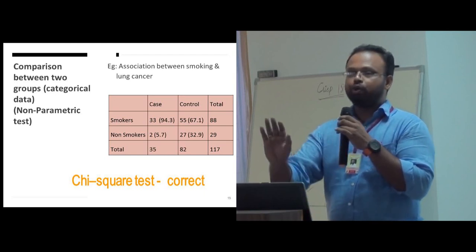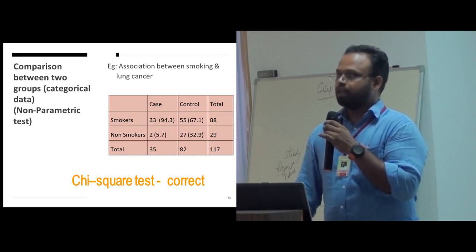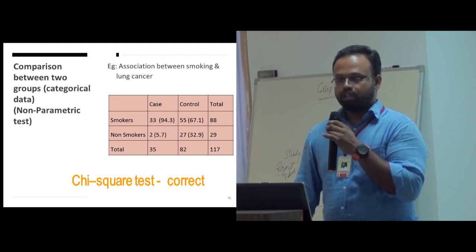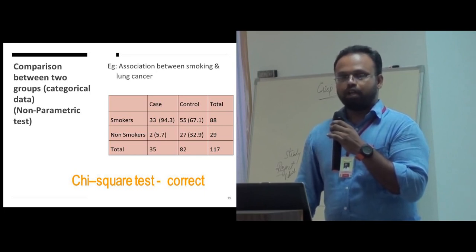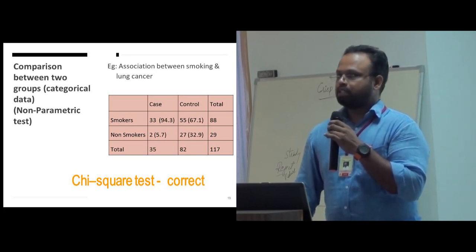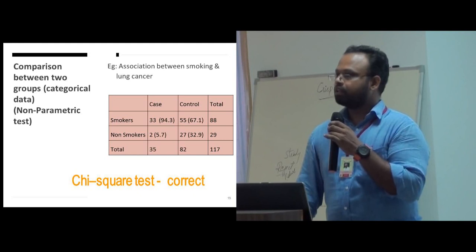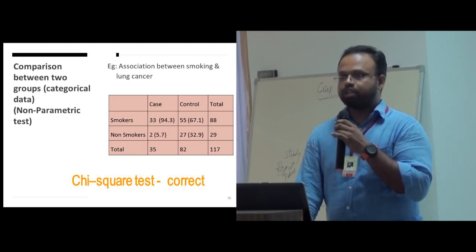So in any 2x2 table, the basic is the disease should be on the top, plus and minus, and the exposure factor should be on the left side. So smoker present and plus should be first. In this case, what is the test of choice? A category compared with a category. The answer is chi-square test.